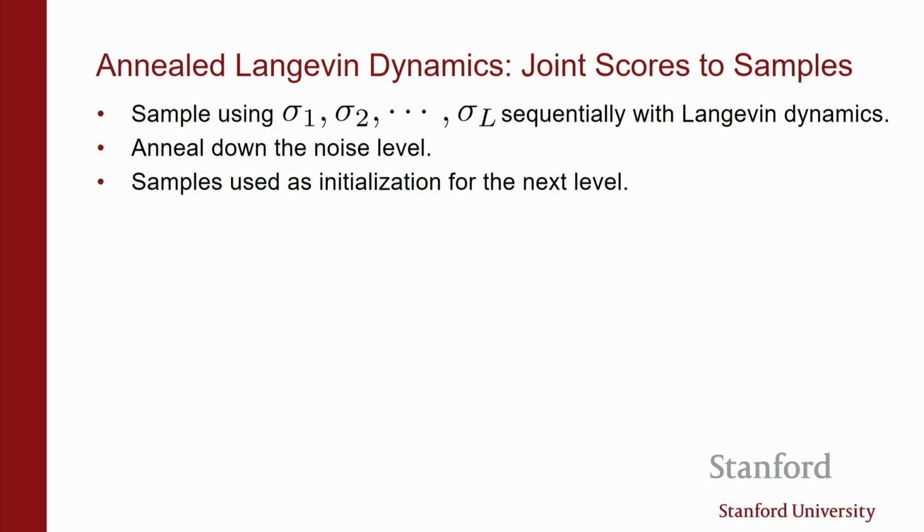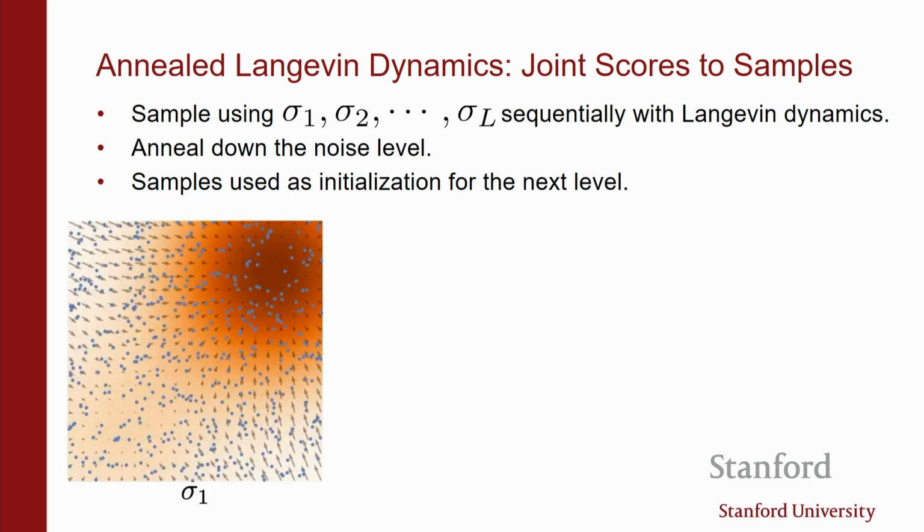The basic idea is that when we initialize our Langevin dynamics procedure, there's probably going to be very little structure in the samples. They don't look like natural images. So we can follow the scores that were estimated for the data distribution plus a lot of noise.